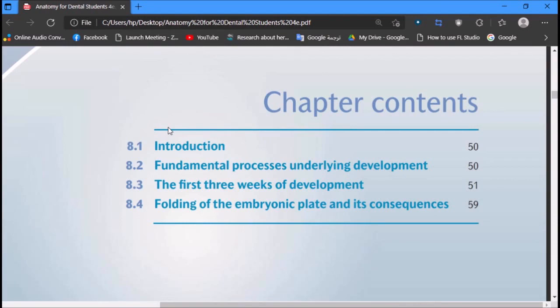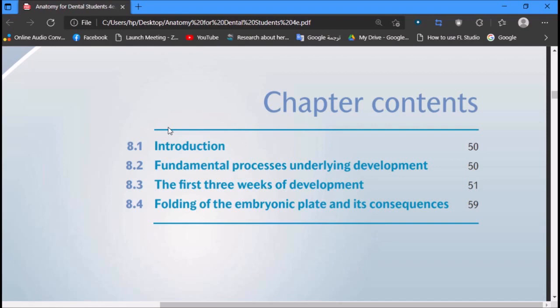Introduction. Embryology is a fascinating subject and is the foundation of the development, growth and maturation of all the cells, organs and tissues of the body.